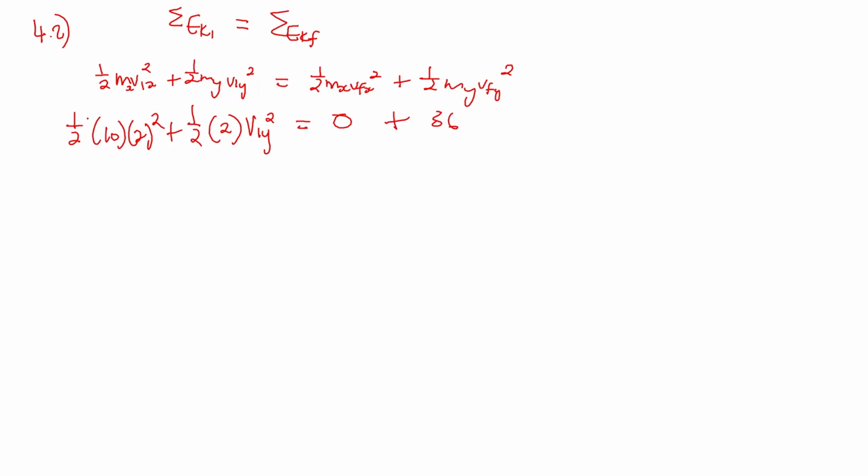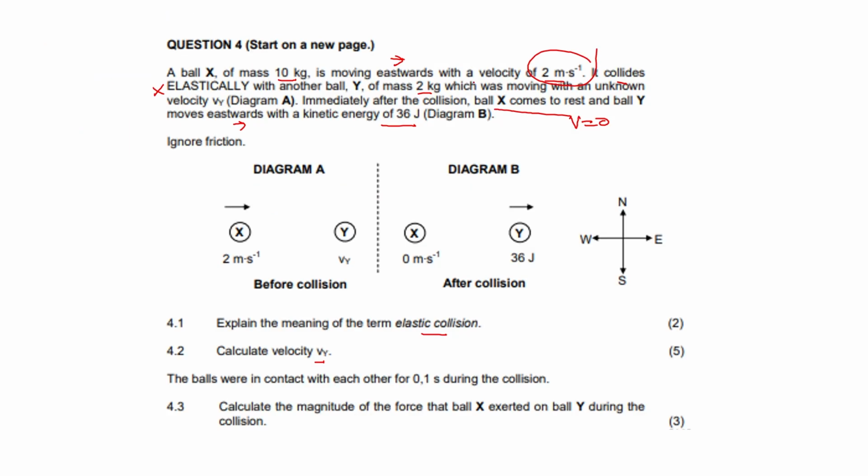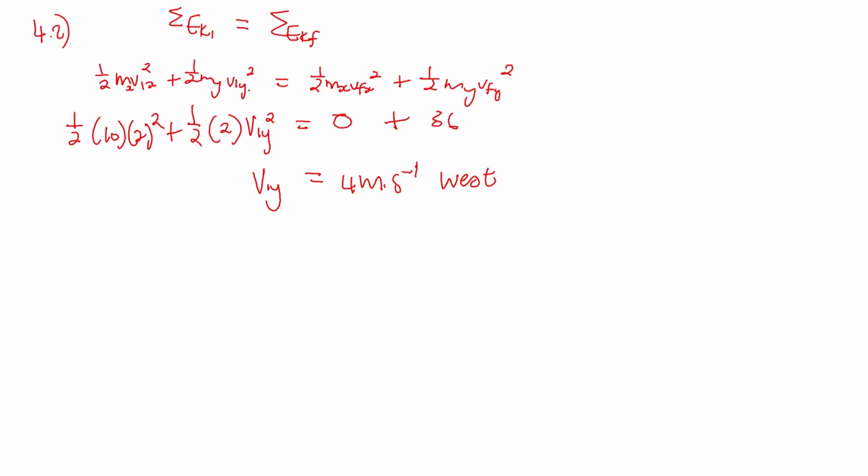Then I can do my multiplication, divide, and take the square root to get the initial velocity of Y to be 4 meters per second to the west. Remember, it moves with an unknown velocity, and they didn't give us the direction, but it is to the west.